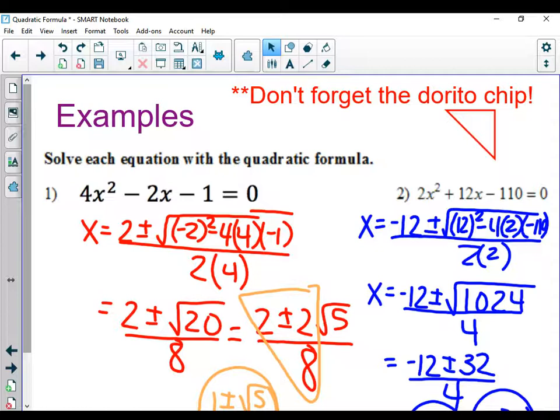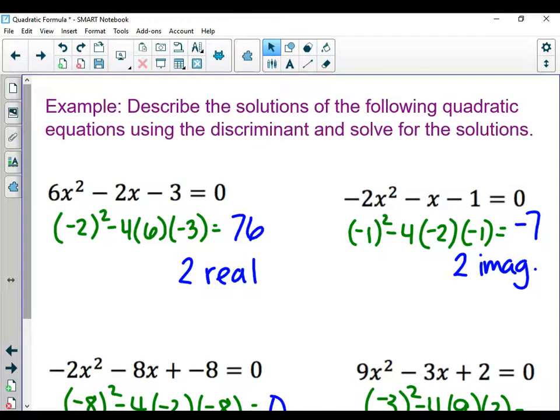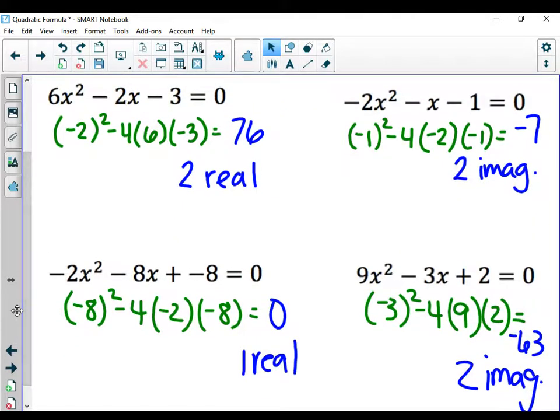I better have 2 real solutions, and so on. So that's a good little check for you as well. Any questions on the discriminant? 1 real, 2 real, 2 imaginary. Any questions on those?